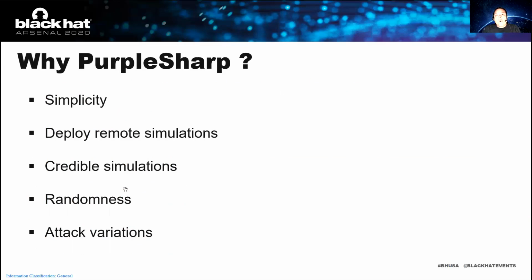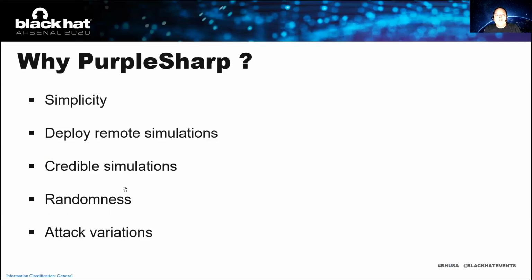There are already adversary simulation tools out there. Why PurpleSharp? Well, I want to talk about 5 points that I think make PurpleSharp different. One is simplicity. You don't need VMs or command and control communications or command and control implants. It's just one .NET binary that we need. The next one is deploying remote simulations.